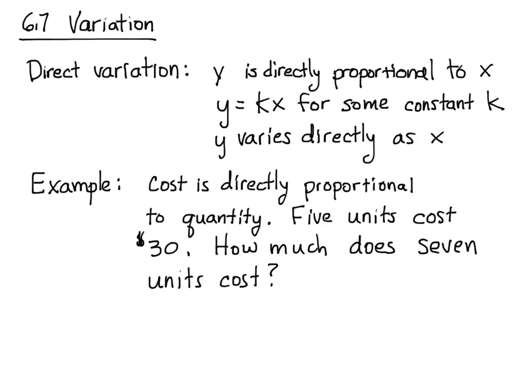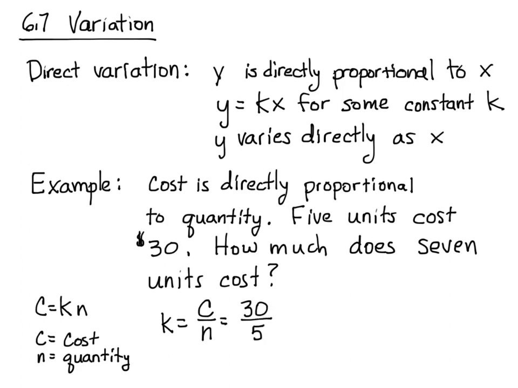The way to do it that I'm talking about here with variation is that since cost is directly proportional to quantity, we'll set up our proportion, or our relationship, where we have C as the cost, N as the quantity, and this constant k that is C divided by N, because I'm solving for k at the beginning.